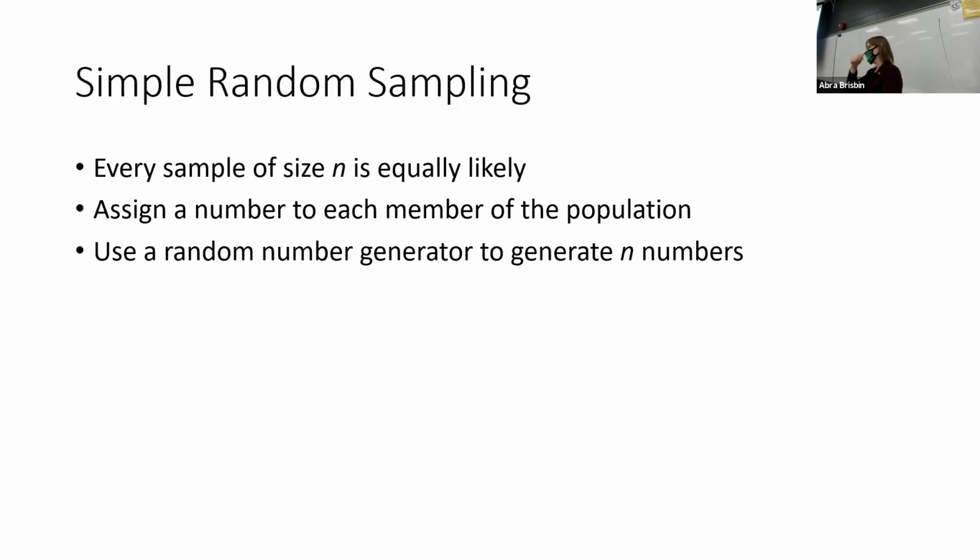For example, you might start with a directory of all UWEC students and number them off: 1, 2, 3, 4, up to 10,432 or however many there are. Then use a random number generator to generate n numbers from that list, and those n people are the ones you would survey.